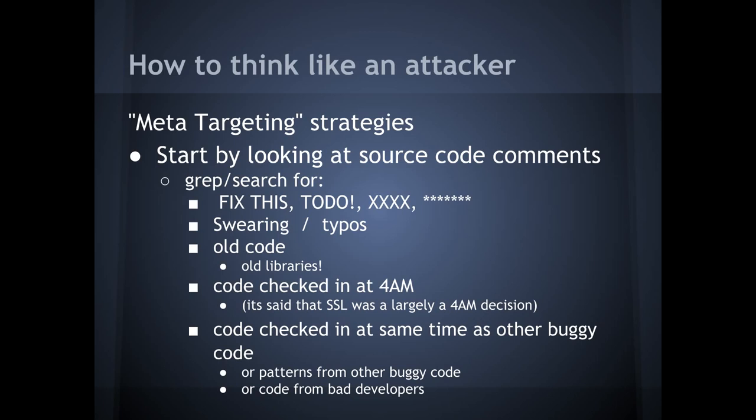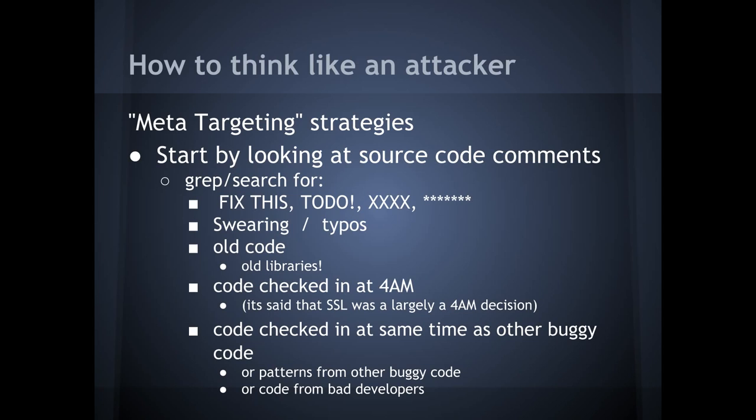So if you have, as an attacker, access to the source code, like many open source projects, you can perhaps download the repository of source code from Git or the SVN server or wherever it is hosted.